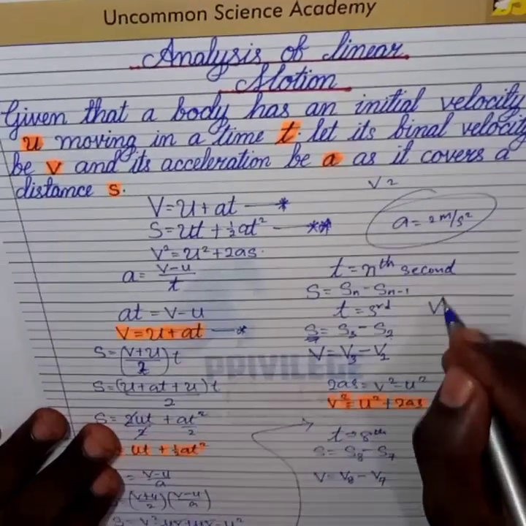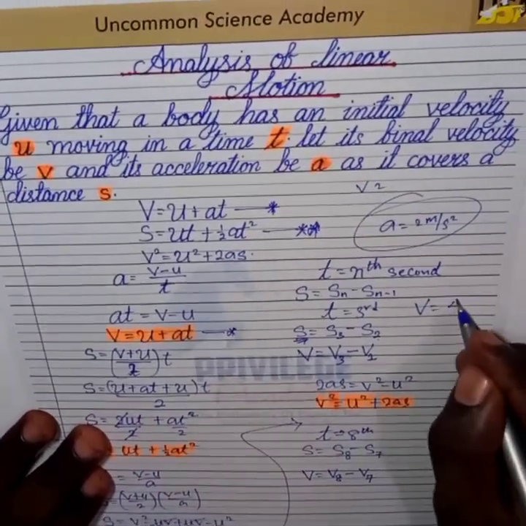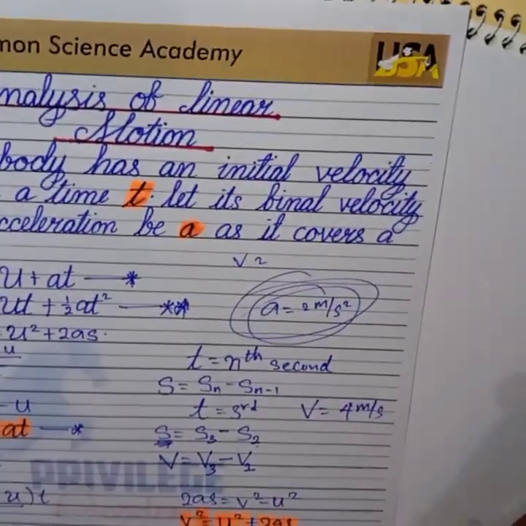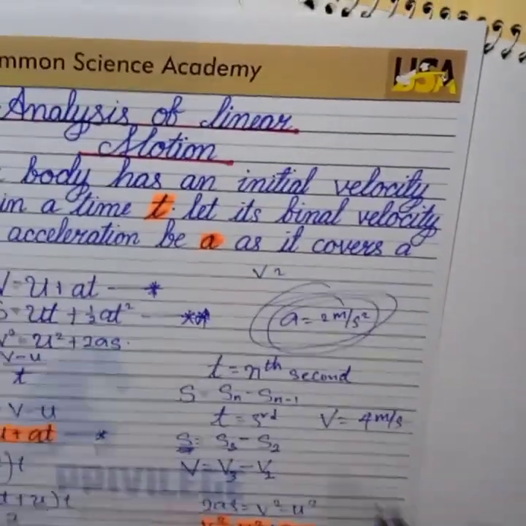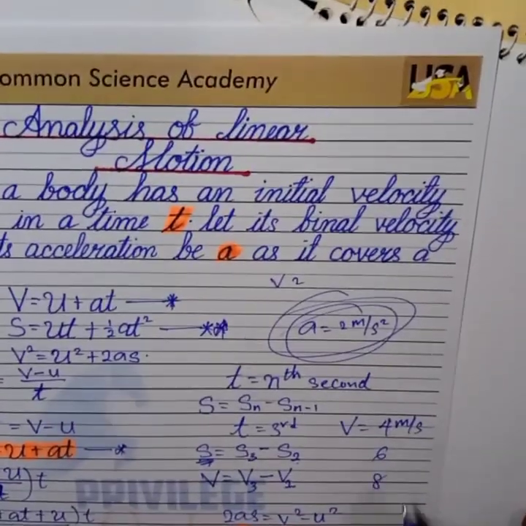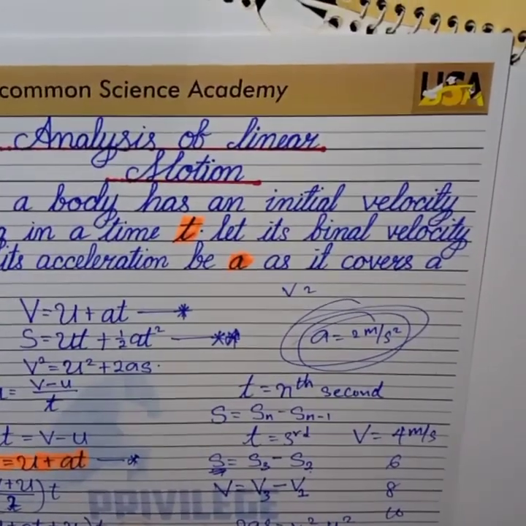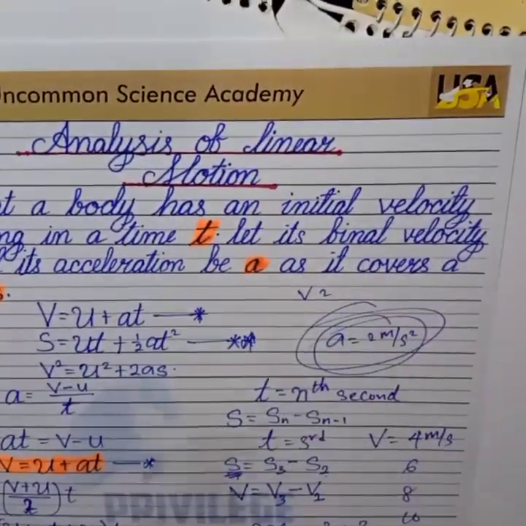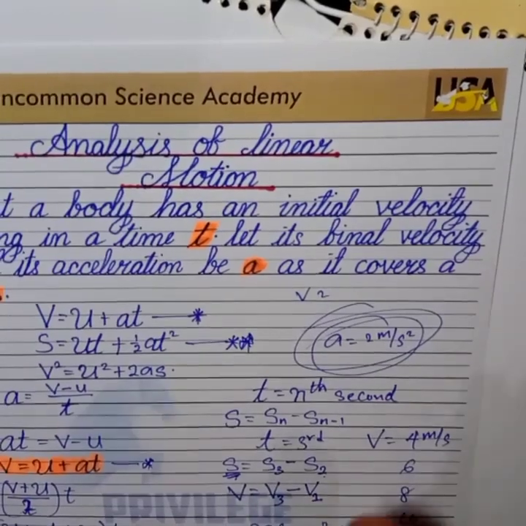Take for instance that the velocity of a body is 4 meters per second and its acceleration is 2 meters per second squared. It means for every second, the velocity is increasing by 2. So this one will become 6, then 8, then what? 10, and so on like that. So acceleration is literally the increase in velocity per second.